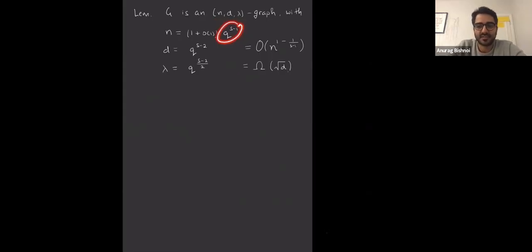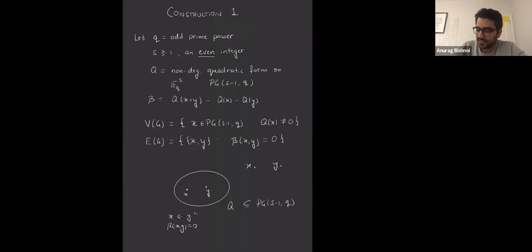The number of points in the projective space is of the same order, also q to the s minus 1. So essentially in this picture, I haven't removed a big chunk of the projective space, I have removed a small order thing.